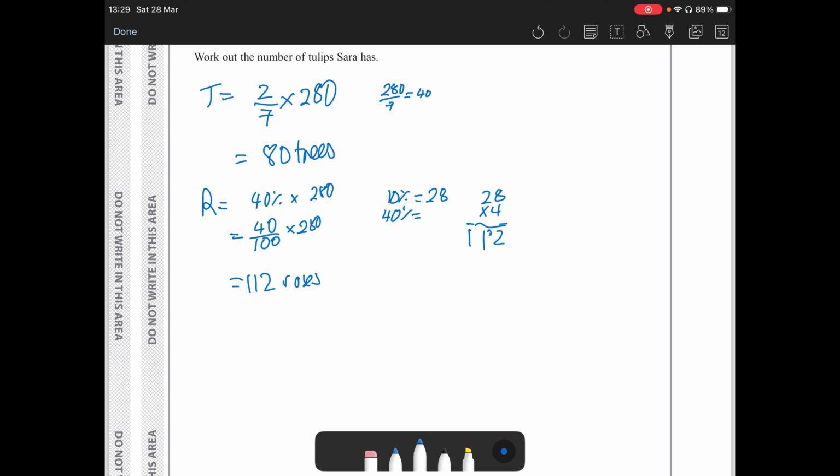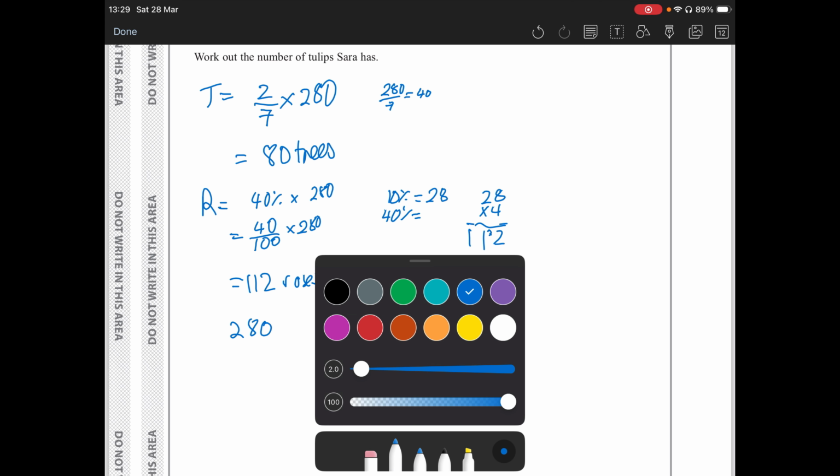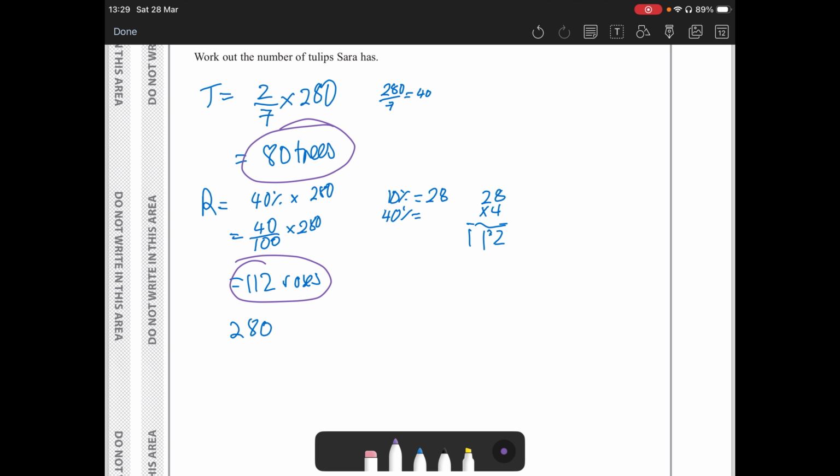All right, so we need to add these up, don't we? So let's eliminate the number of trees and roses from 280. So we'll do 280 take away. Let's add these two up first. So to sort of keep track, I'll add these two together. 192. Take that away.